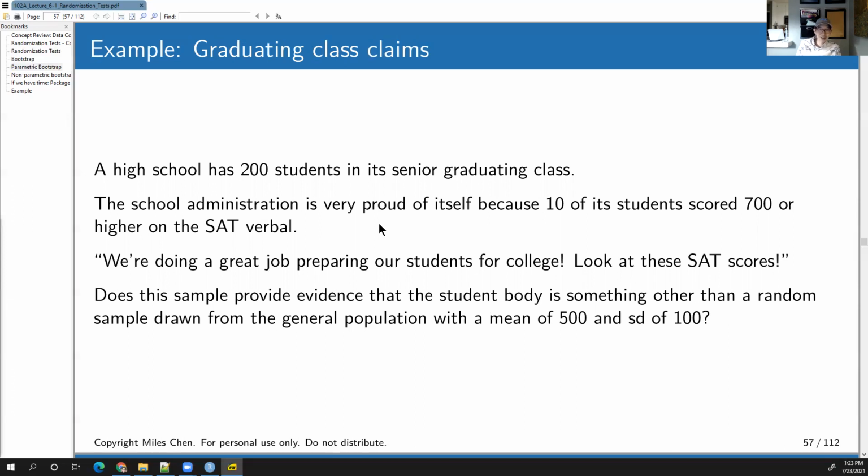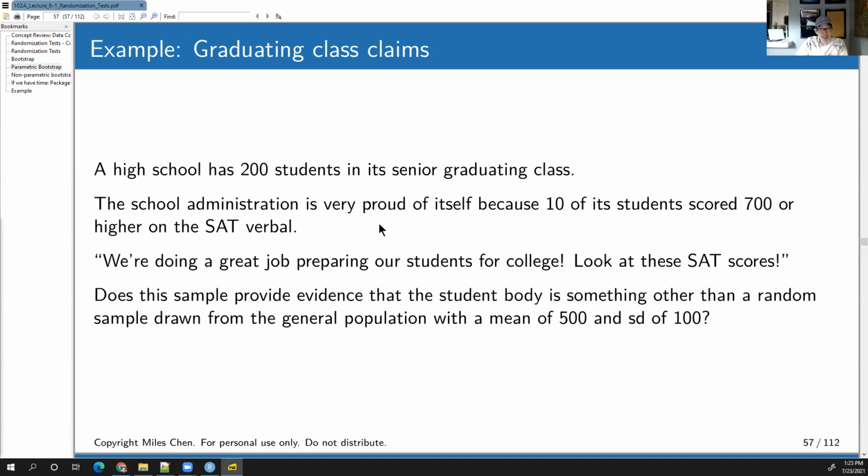We had 200 students in our class, and out of those, we have 10 students who scored over 700 on the SAT verbal. That's considered a good score, I think. So maybe the school administration is saying, look at us, we're doing awesome because we've got 10 students who scored over 700 on the SAT verbal.